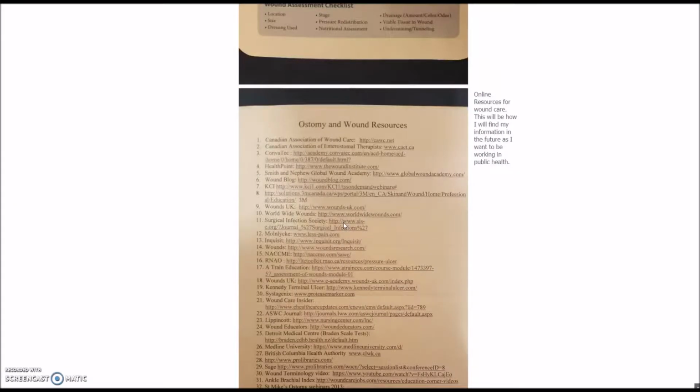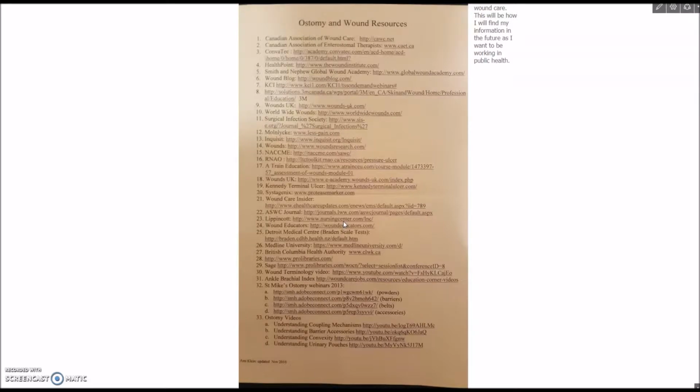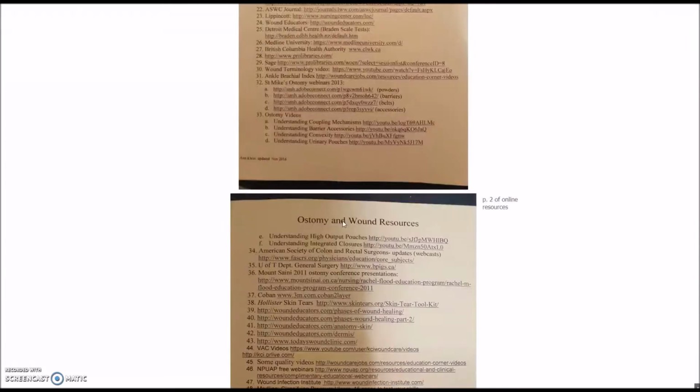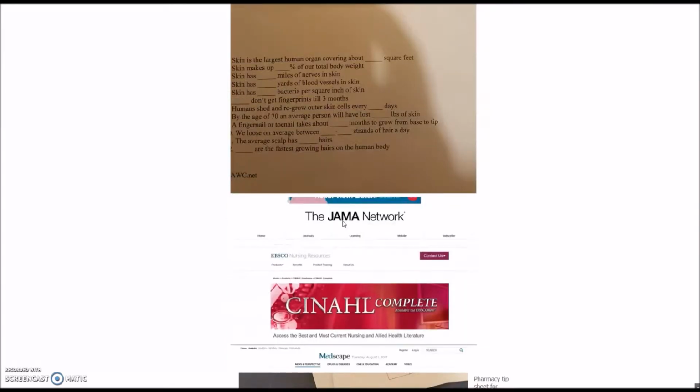Moving on, so this wound resource, and we're going to see some more online resources. These and other resources are going to be very meaningful to me and very helpful as I want to be a public health nurse, and I want to be doing health teaching, health promotion, and more working with schools and kids and sexual health and mental health.